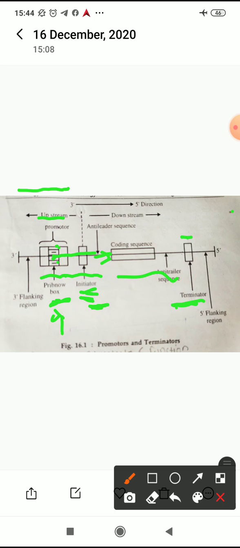The non-coding downstream region of the gene, that is this one, consists of a set of nucleotides, and that is called a terminator, or also called a regulator gene region. It transcribes its own mRNA on which repressor protein is synthesized.